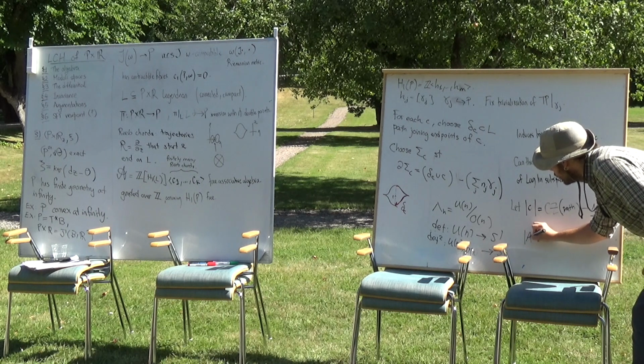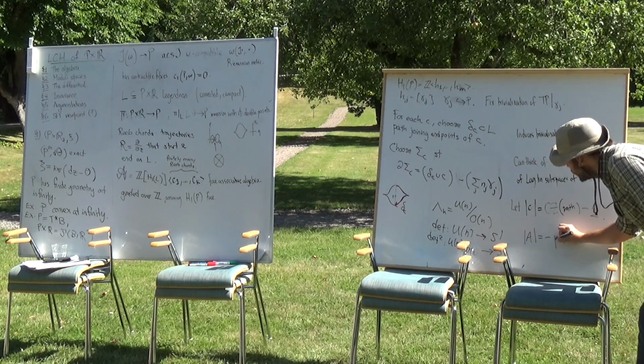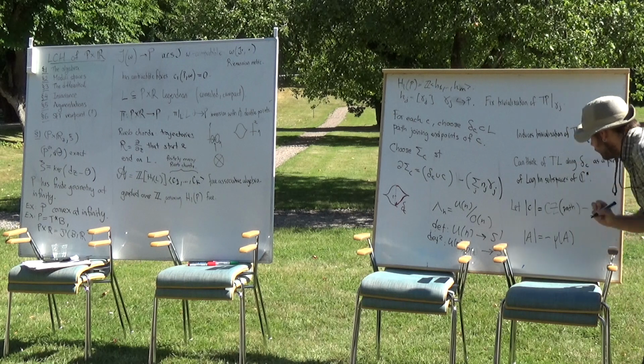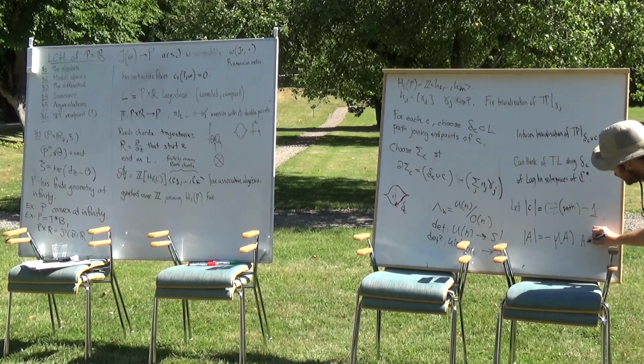The grading of a homology class is going to be minus the Maslov index, for A in H1.